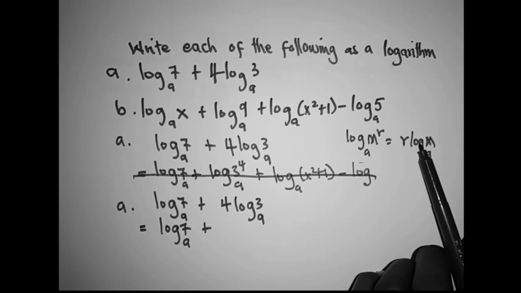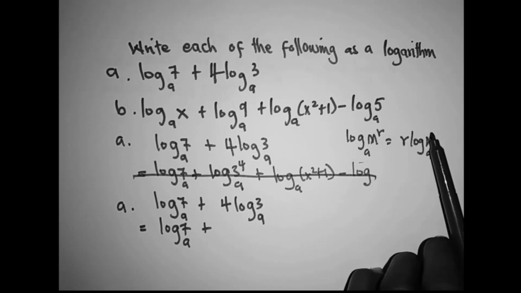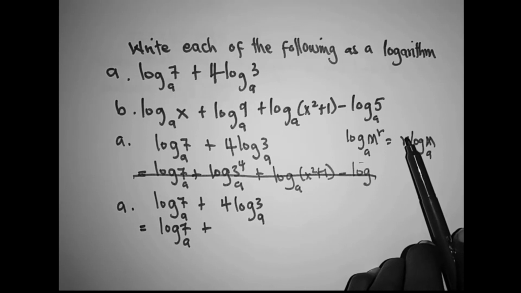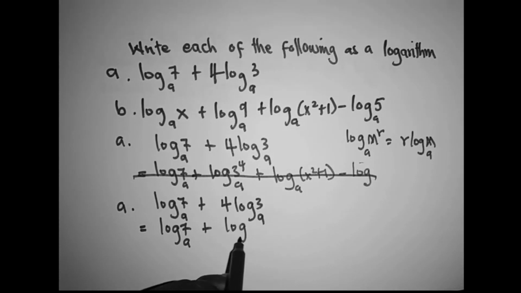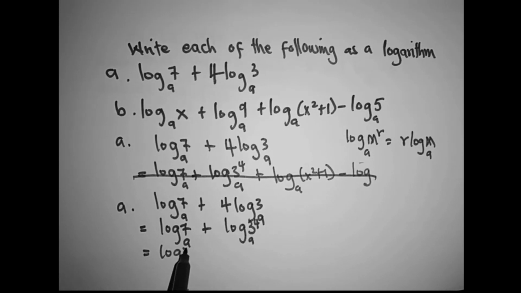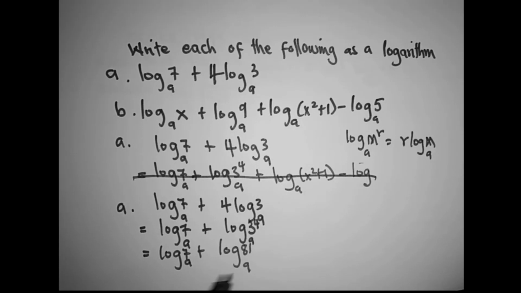So that means in moving from here to here, we just bring the 4 up on top of the 3. So here becomes log base a 3 exponent 4. Now the value of 3 exponent 4 is 81, so log 81 base a.